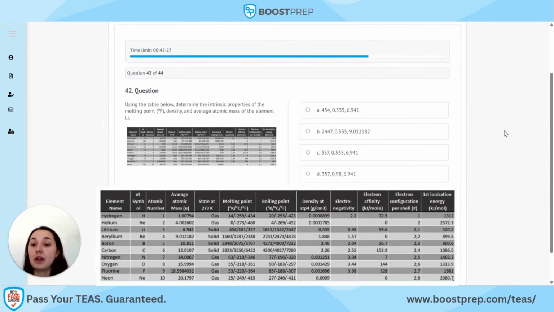Question 42. Using the table below, determine the intrinsic properties of the melting point, density, and average atomic mass of the element lithium, Li. Options are A. 454, 0.535, and 6.941.